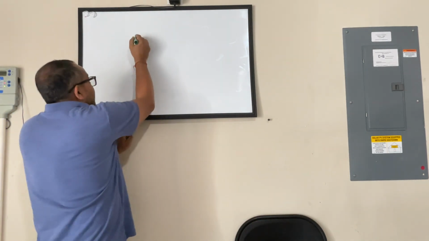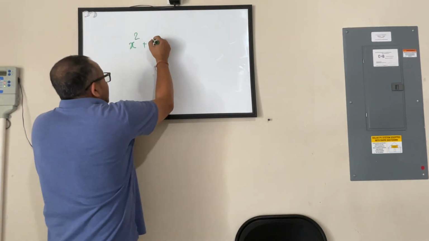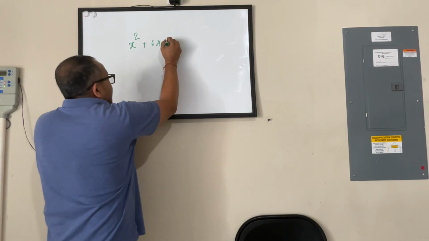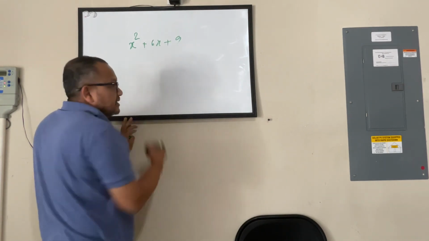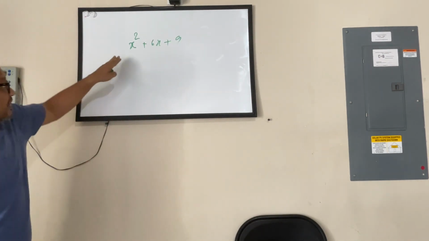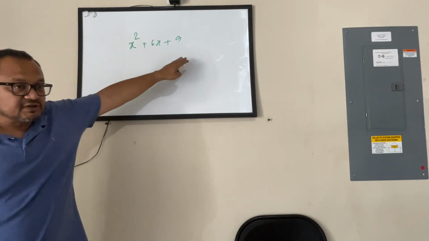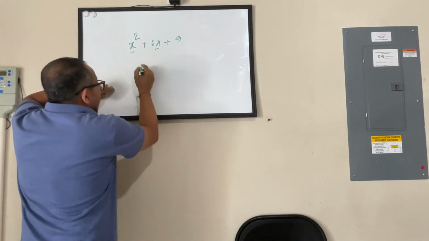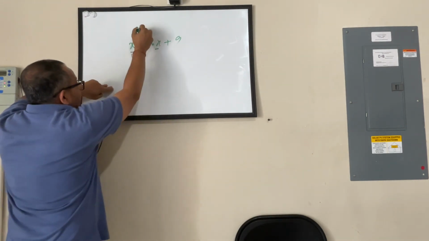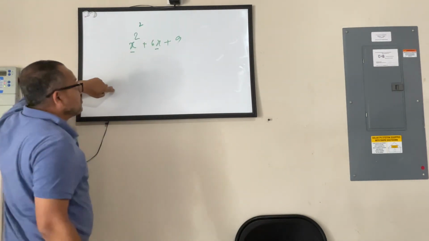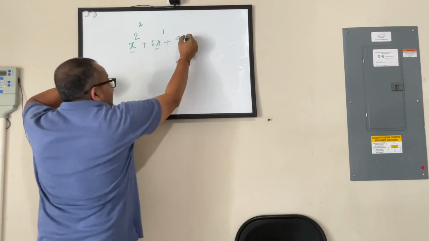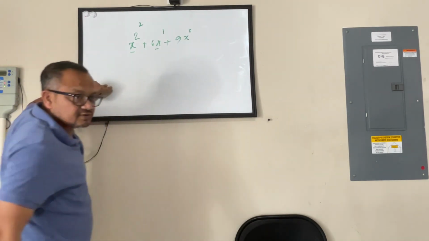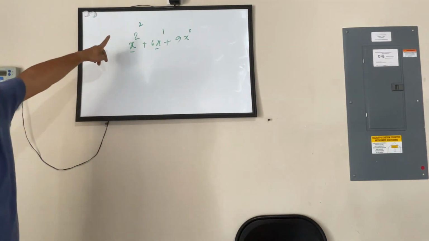So if you are looking at x squared plus 6x plus 9, here we are talking about a function with 3 terms, and there is only one variable x, and there are different powers of x. Here you have power of 2, this is power of 1, and here you can say x to the power of 0 also.